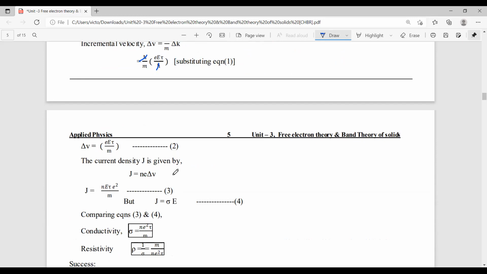But the expression for j is equal to n e vd. So here replace the vd by delta v. Therefore, substitute the delta v formula here.